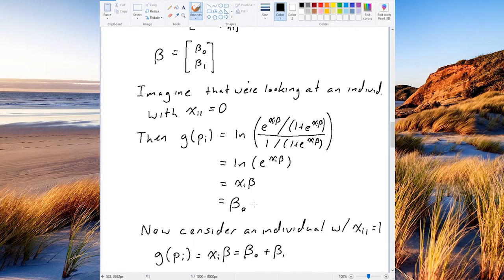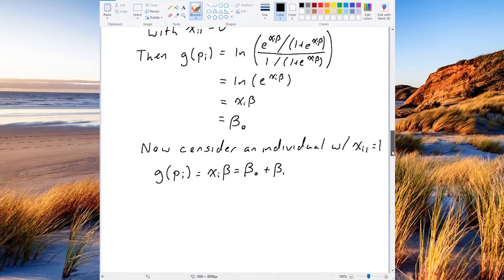I've got a beta 0 here. I've got a beta 0 plus beta 1 here. Now, what's my goal? I want to make priors for beta 0 and beta 1, right? Well, I've found something that's beta 0. So in a minute, I'll be able to talk about how I can use this whole setup to give me a prior on beta 0. I also need a prior for beta 1.